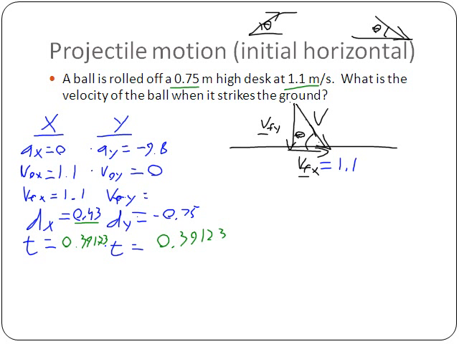So our acceleration, negative 9.8, is equal to Vf, which is Vfy in this case, minus Vo, which in this case is 0, divided by the time, which we already figured out, 0.39123 seconds. And it's 9.8 meters per second squared. Solving for Vfy is pretty straightforward. If you just run the math there, you get negative 3.834.